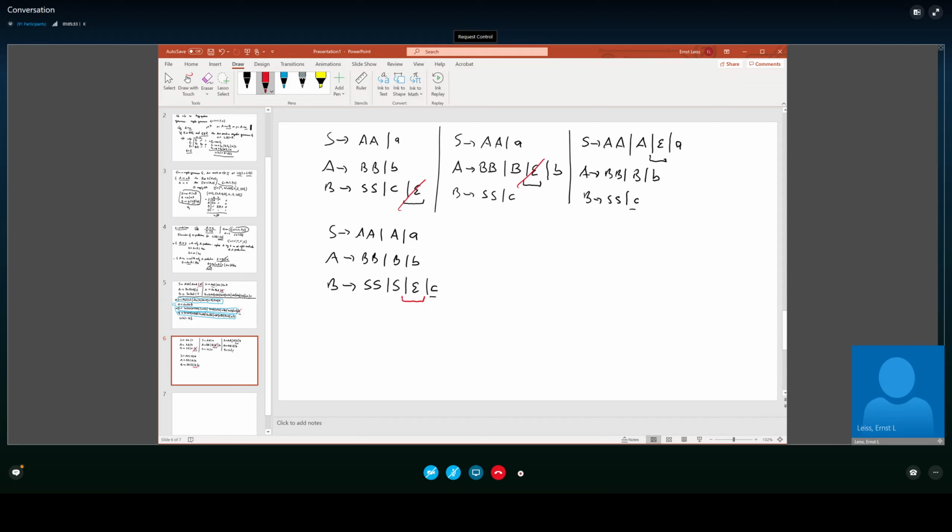And so clearly this would not terminate, because we will always get another epsilon production, which led one of your colleagues to suggest that this gets us into an infinite loop. And yes, that's basically the problem.